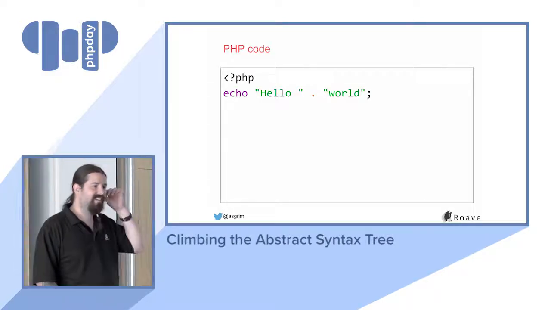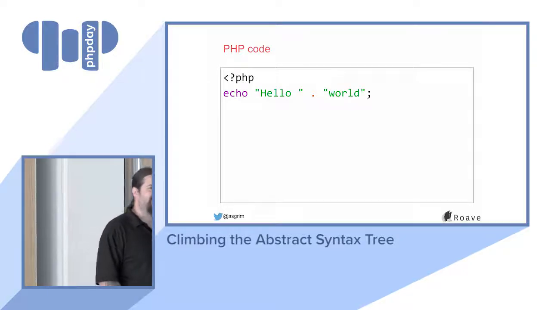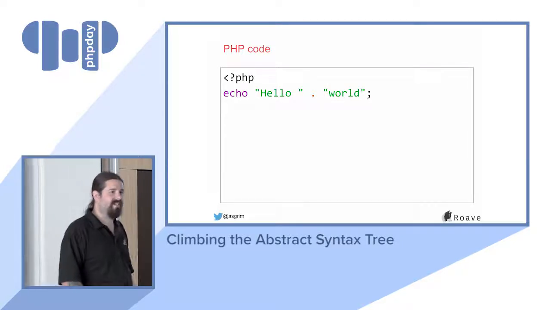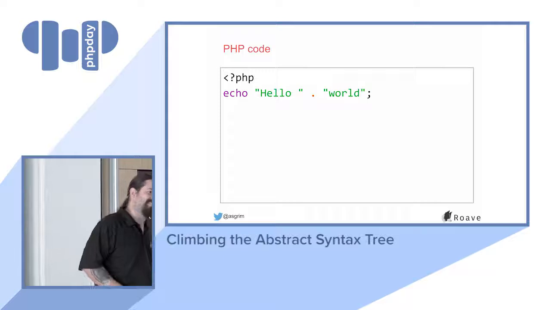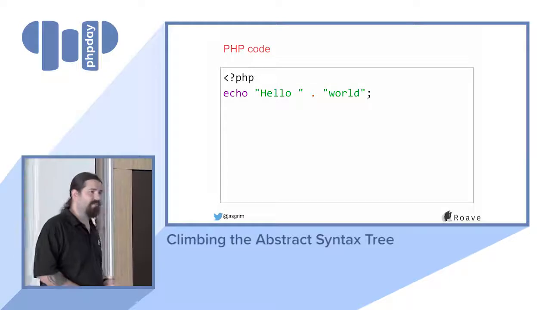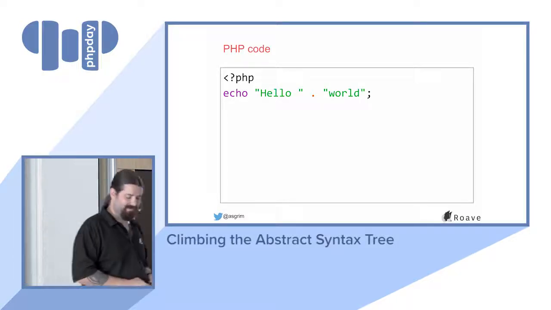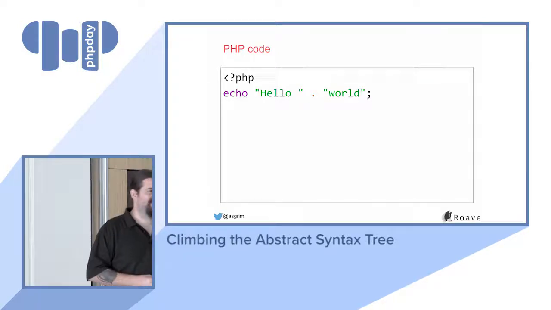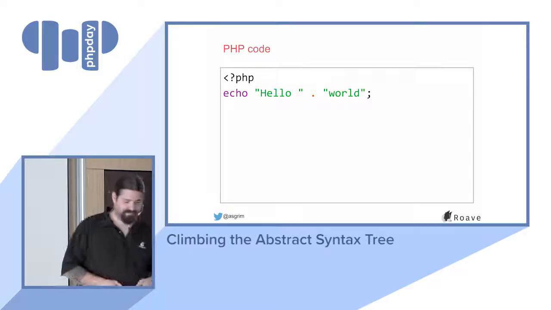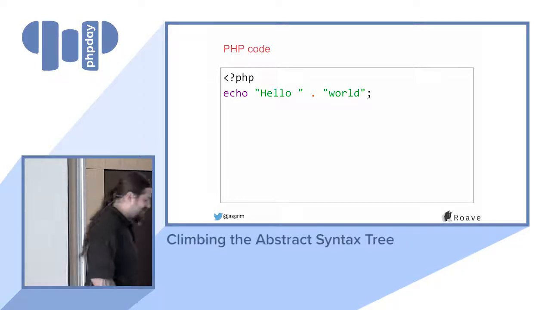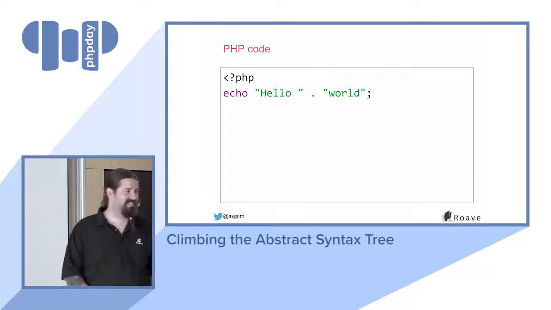Louder, sorry? Yeah, I know. They're looking very lost and confused in there. I don't know. Okay, I'll try and go on. No, we'll pause a moment. Sorry about this, folks. As a game, if you can hear me, can you maybe guess what the AST for this might look like? Feel free to shout out.